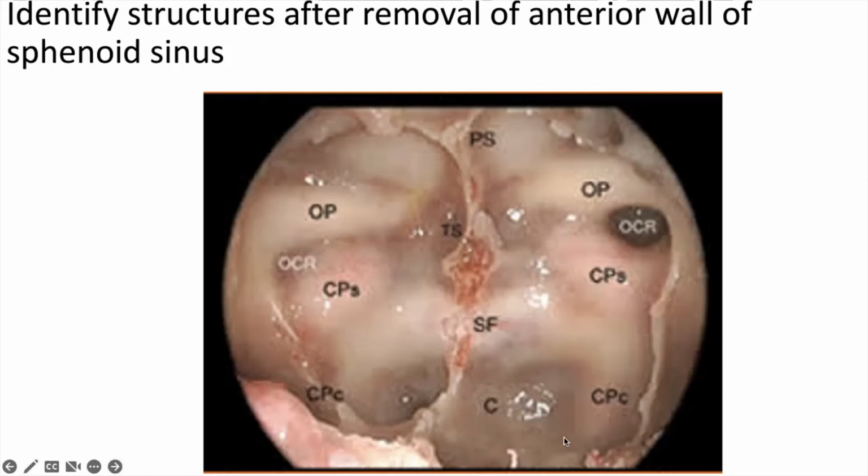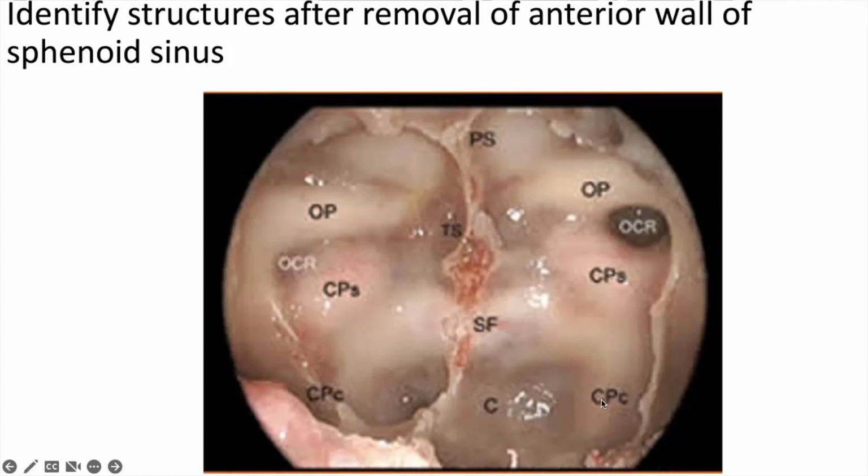In the clival portion, laterally, you will find the prominence, and that is the clival portion of the carotid artery. This prominence should be visualized, and this also helps in finding the midline.